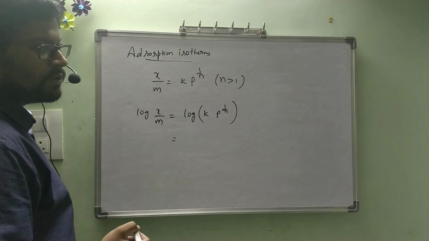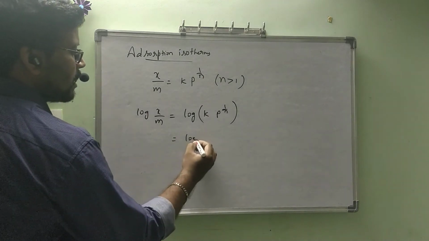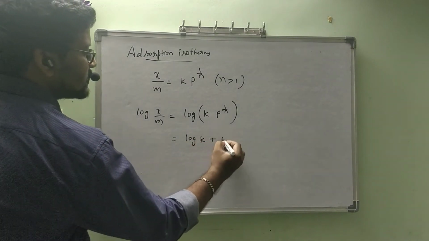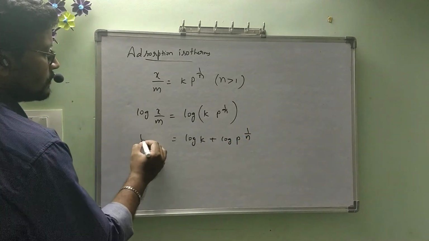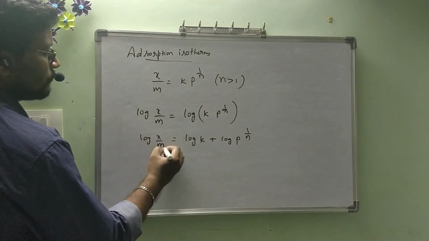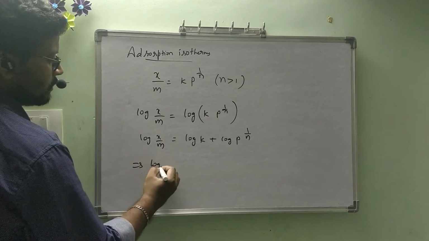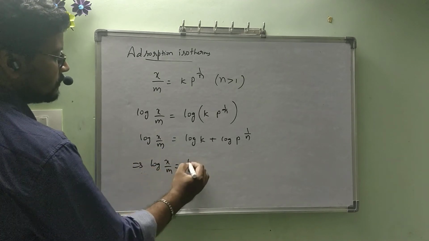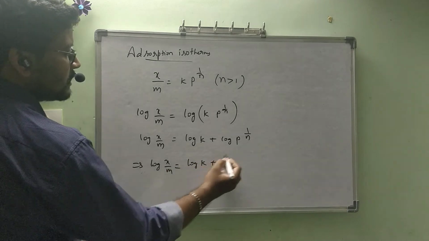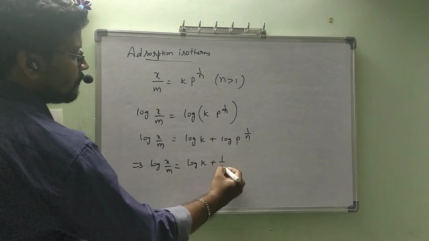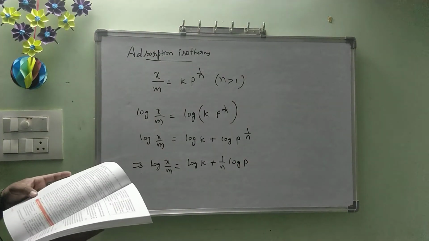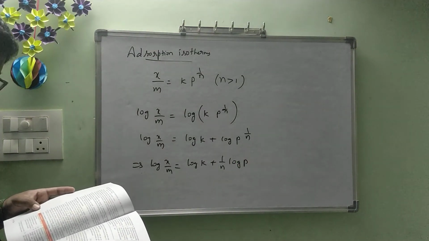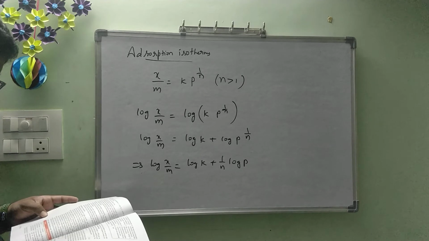Log A into B is equal to log A plus log B. Log k plus log p power 1 by n is equal to log x by m. This implies log x by m is equal to log k plus 1 by n into log p.